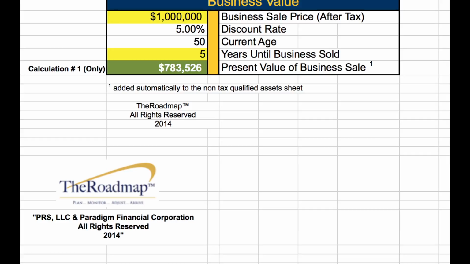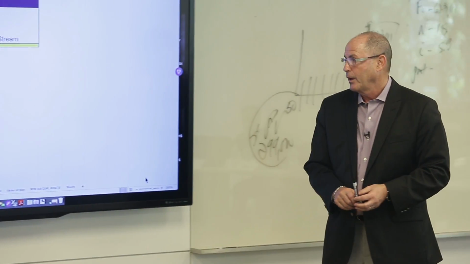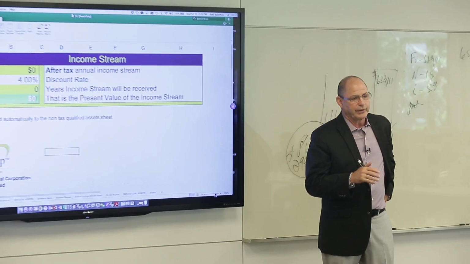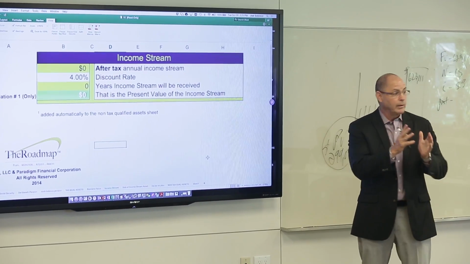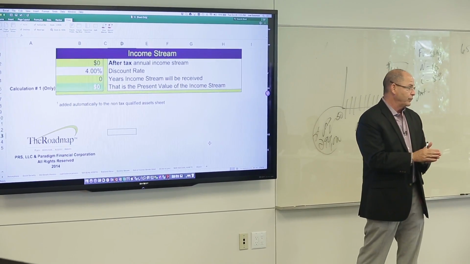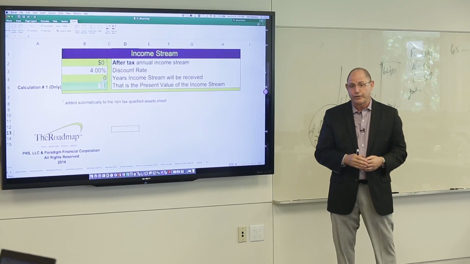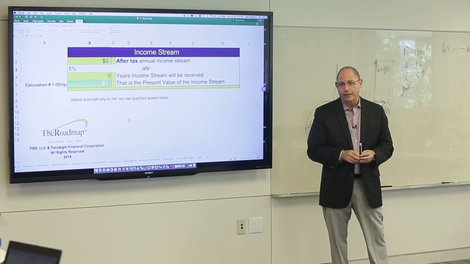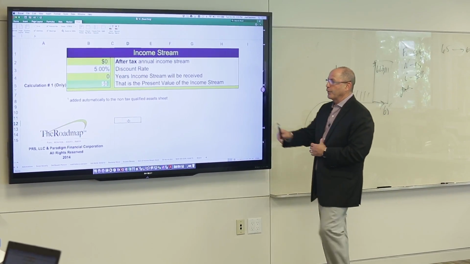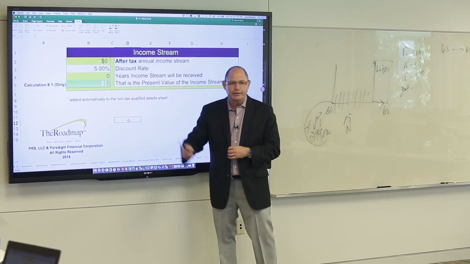What about real estate? Let's look at real estate. Notice it says income stream. So under income stream, remember, the value of a piece of real estate is twofold. One, valuing the income stream, and then two, what I might sell that piece of property for down the road. So let's suppose, notice it says after-tax annual income.